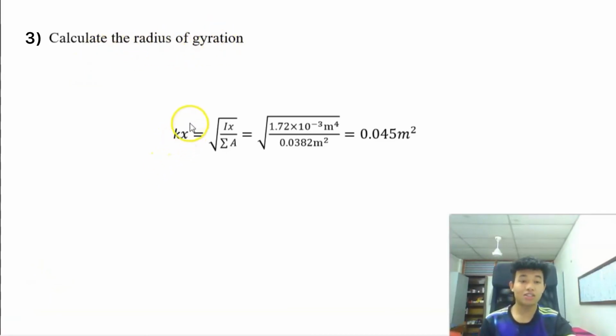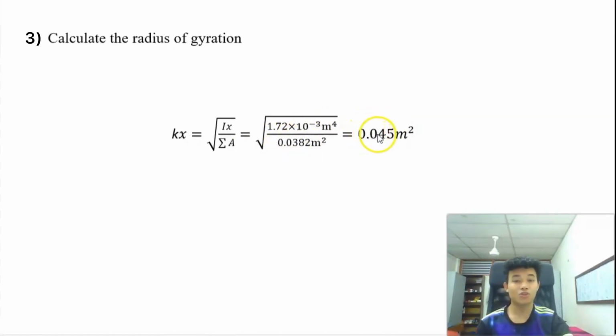If you want to find the radius of gyration, we need to use the answer for the moment of inertia that we found before, over the total area, and then take the square root. So we use the value for moment of inertia, which is 1.72 times 10 to the power of negative 3, over the total area, which is 0.0382. The answer is 0.045.